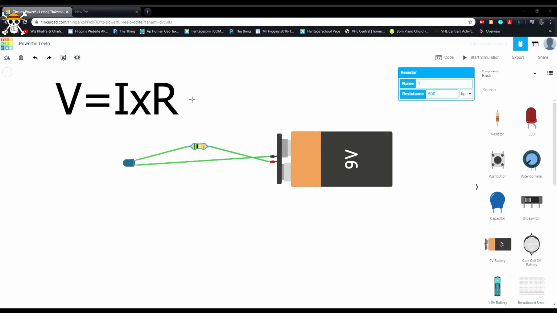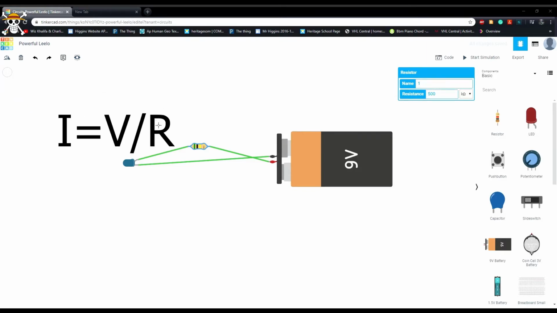If we manipulate this equation up here to get I, which is current, by itself, we end up with this equation down here: I equals V divided by R. That means the amount of current going through, the amount of amps, is equal to the voltage divided by the resistance. We're going to do a couple of examples.